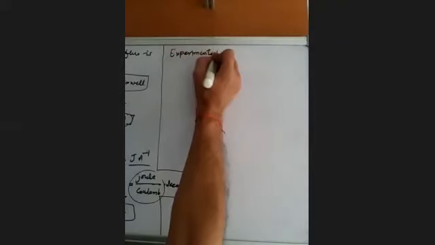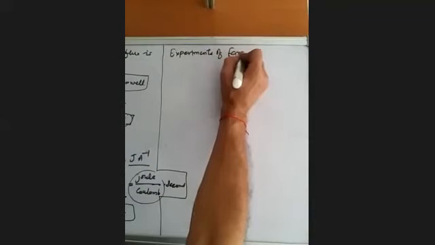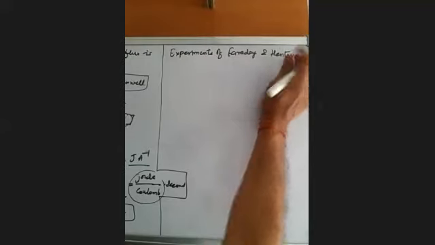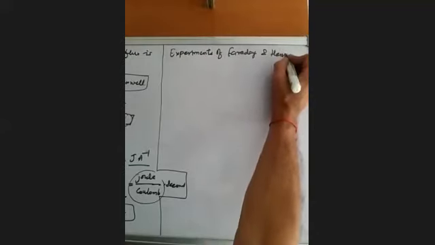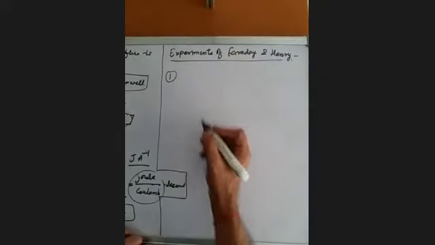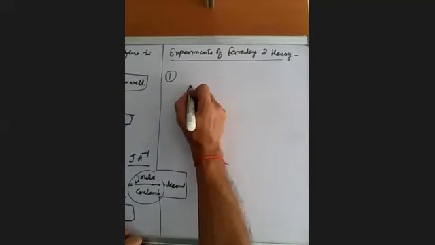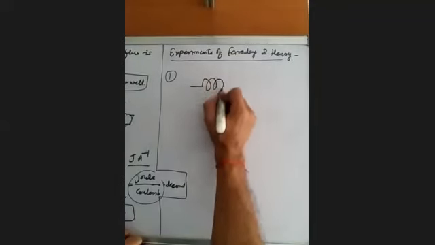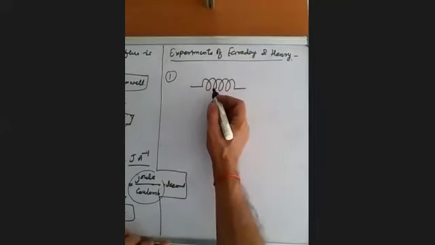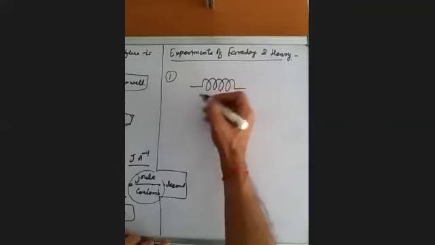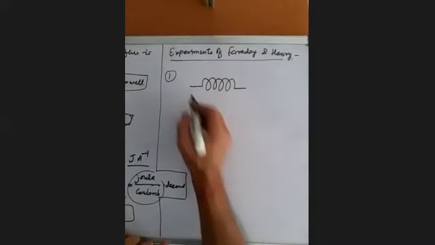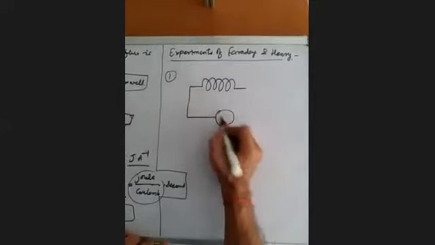Experiment of Michael Faraday and Henry. So the first experiment: suppose there's a coil of many turns, which is a closely wound coil, maybe made of insulated copper turns, one after the other, very tightly wound, and two ends are connected to a very sensitive galvanometer.